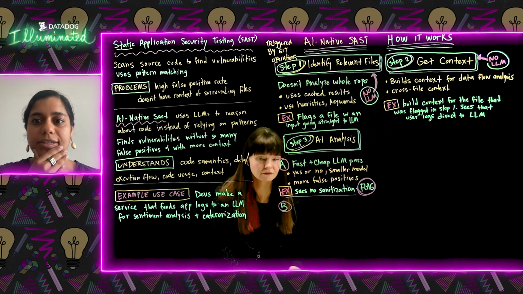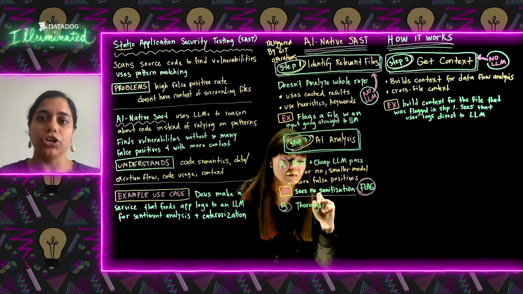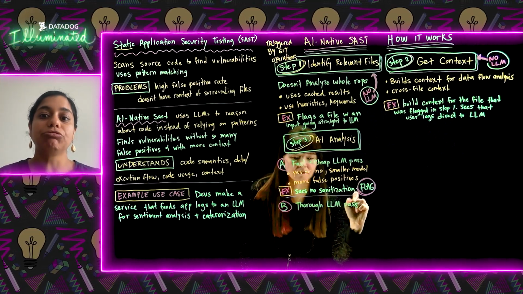The second one is a more thorough LLM pass. So in this case, we're using a larger model, a more expensive model with higher reasoning or better reasoning and deeper analysis. And so this one specifically is looking at the data flow. It's looking at the exploitability options. It's really looking for the sources and the sinks, all right?